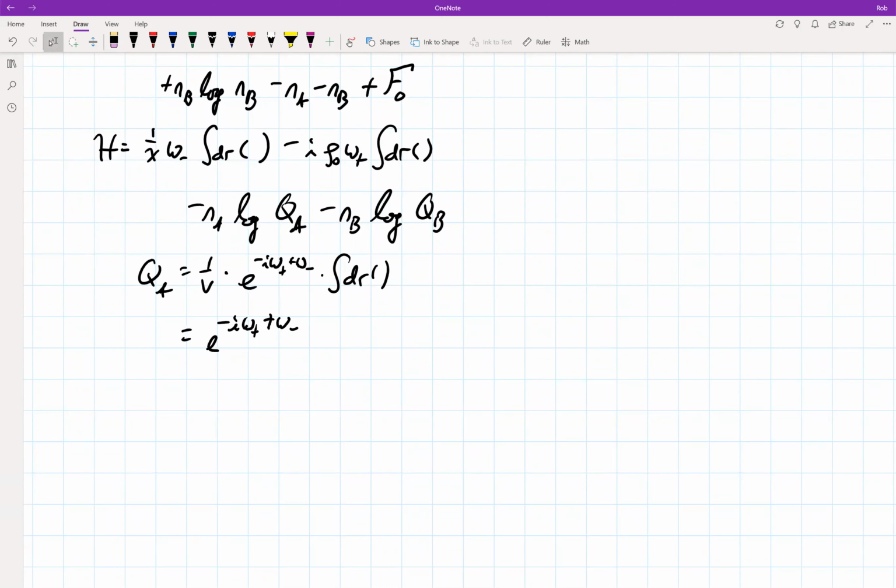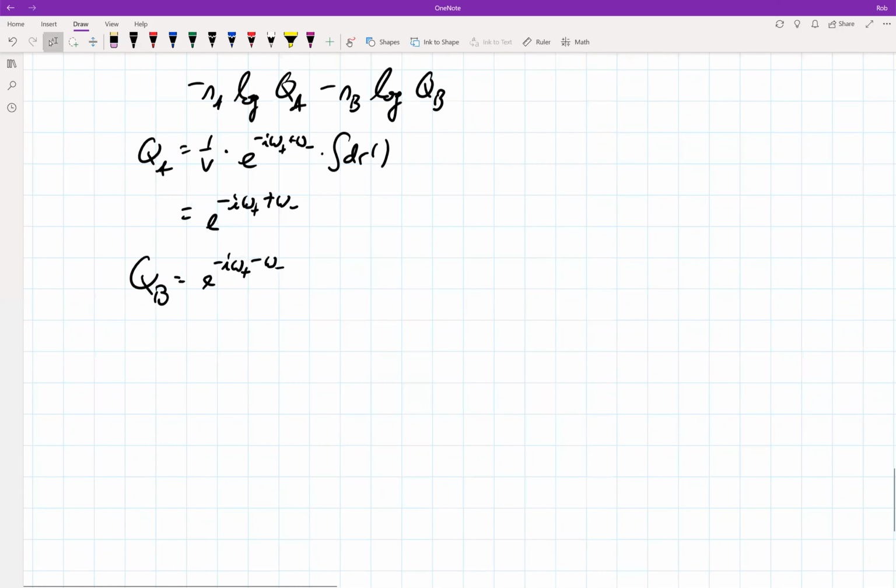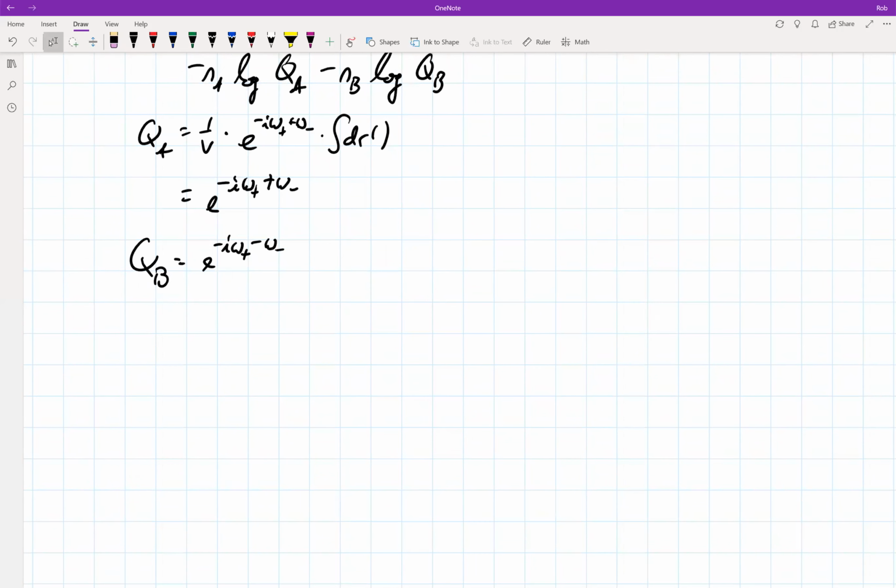All right, and similarly for QB. And so since this shows up in the Hamiltonian as a natural log, we're just going to have NA times the field that species A experiences. And similarly for NB. And so for QB, we will have e to the minus I W plus and minus W minus. And so plug in the H.